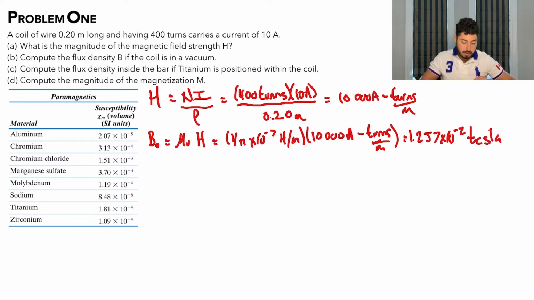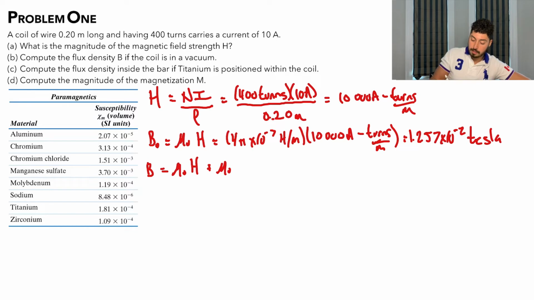Now part C wants us to compute the flux density inside the bar if titanium is positioned within the coil. So our flux density within the bar is B equals the permeability within a vacuum times the magnetic field strength plus the permeability in a vacuum times the magnetization. However, the problem doesn't give us the magnetization.